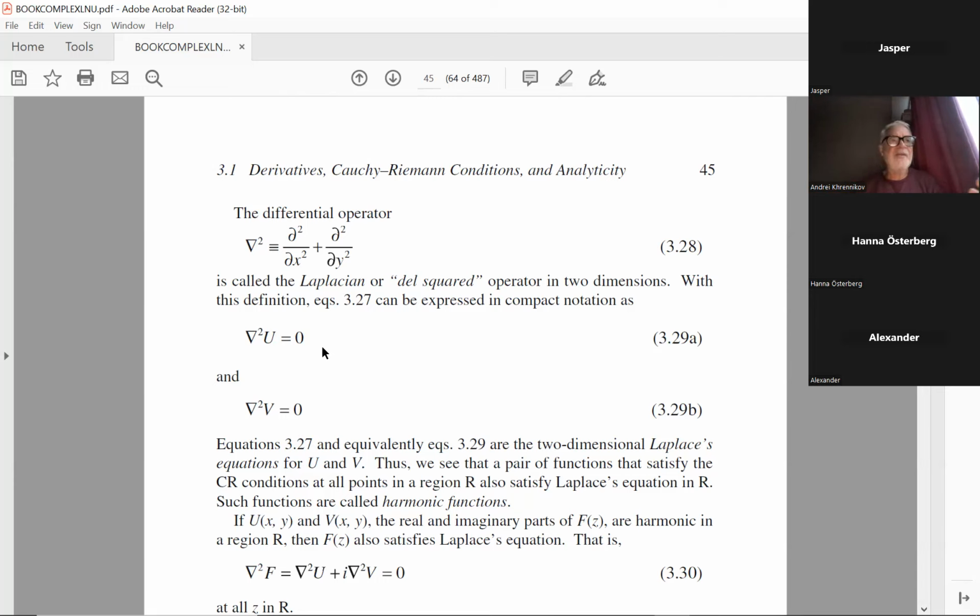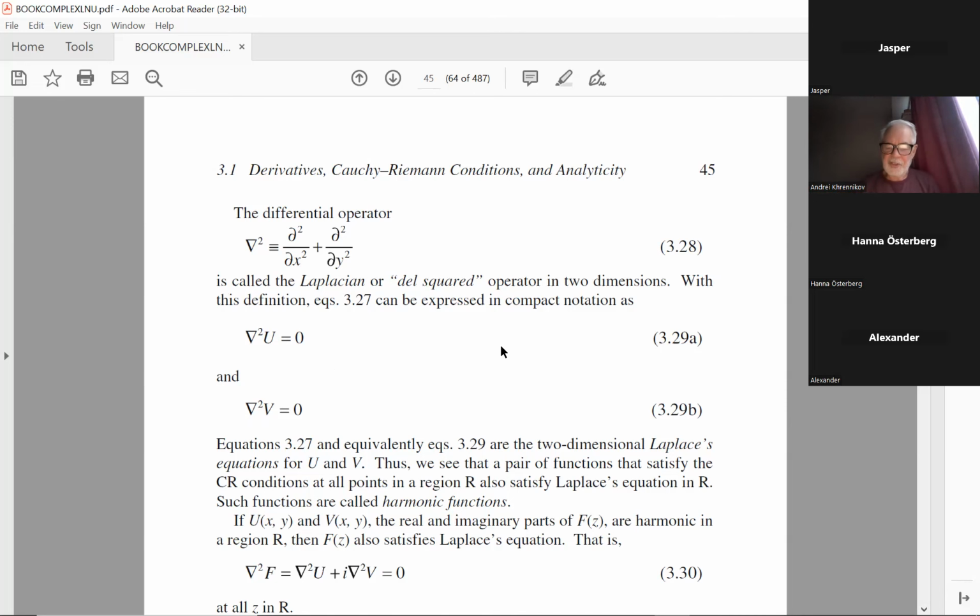So one way to find a solution of the Laplace equation is to find an analytic function, then take its real part and imaginary part, and then you automatically get that they satisfy the Laplace equation. So this is useful. Remember this: if you have an analytic function and take its imaginary part and real part, both these real functions satisfy the Laplace equation.